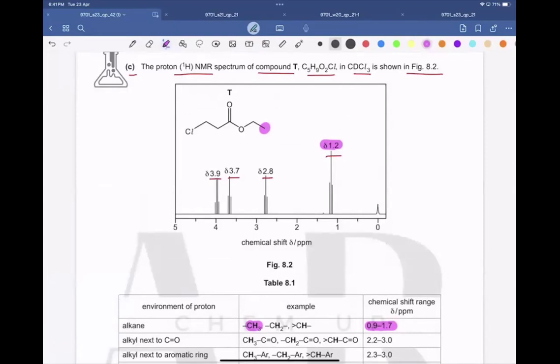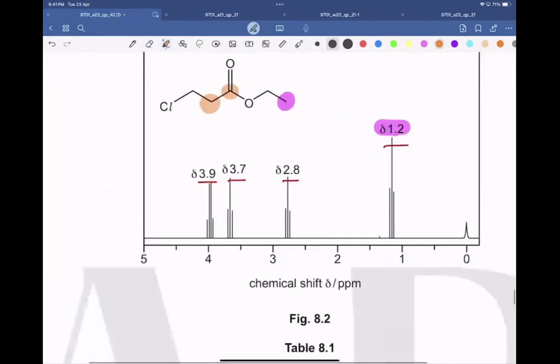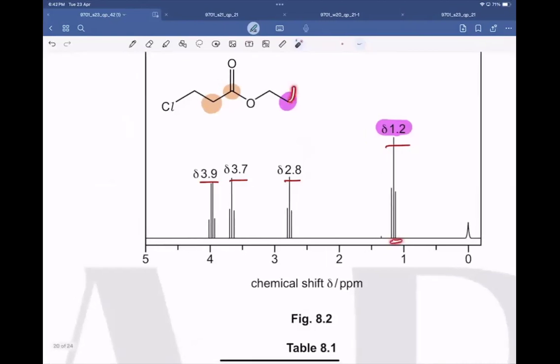If you see the 2.81, it is this one. As it's a triplet, it means the neighboring carbon has two hydrogens. See, neighbor to it, there are two hydrogens over here. And this one is a triplet as well, so neighbor to it, there are two hydrogens over here.